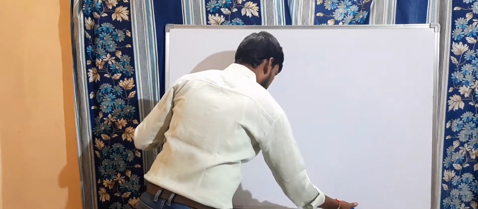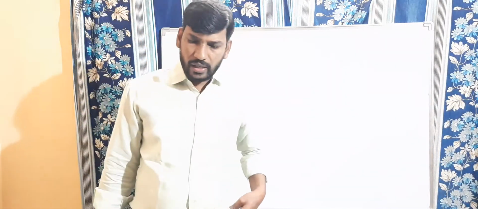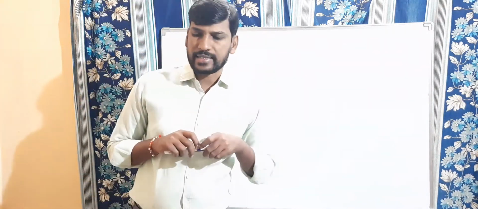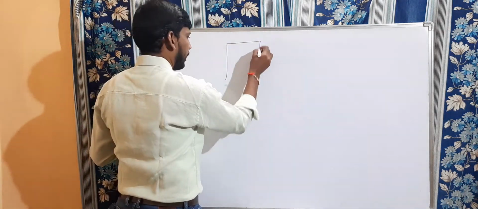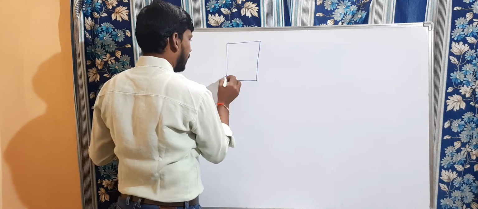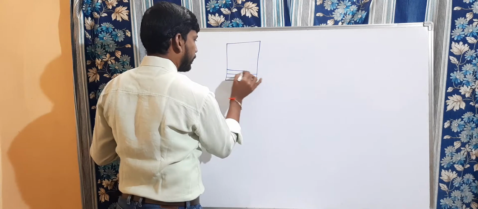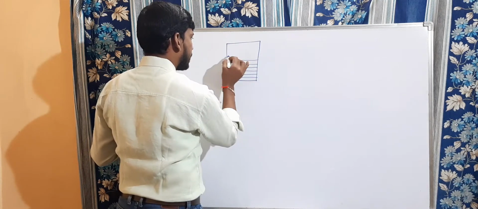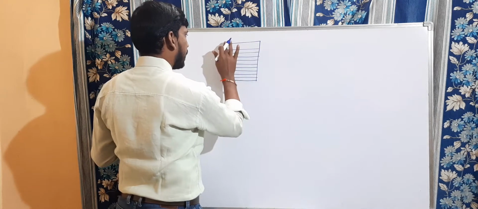So here let us take, suppose there is a block. Let us recall what we have learned in earlier classes. Now see this here. There are 1, 2, 3, 4, 5, 6, 7, 8, 9.